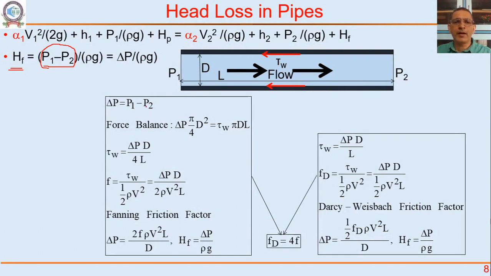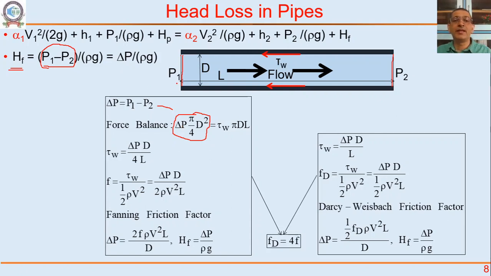Okay, so if I write a force balance on this pipe, P1 minus P2 into cross-sectional area here, and P2 multiplied by this cross-sectional area, that is the net pressure force that is acting on this fluid. Now that is balanced.